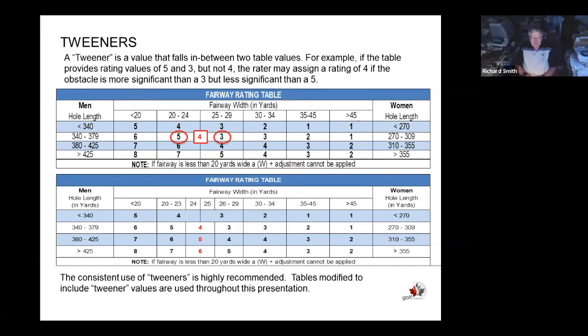Now, I think some of you have got tweener tables from Golf Saskatchewan before and have used them in your guidebooks as well. We used to just have them printed and then we'd cut them out and tape them in with clear plastic tape.